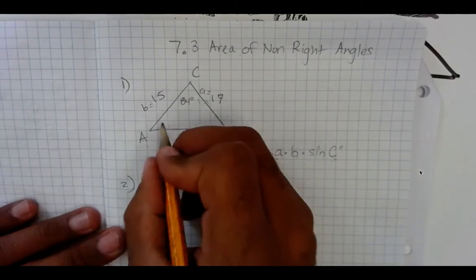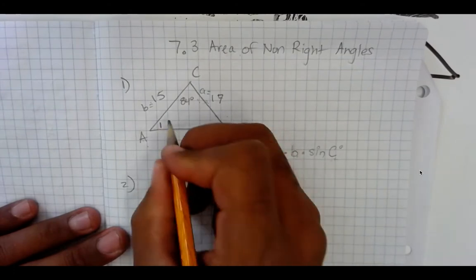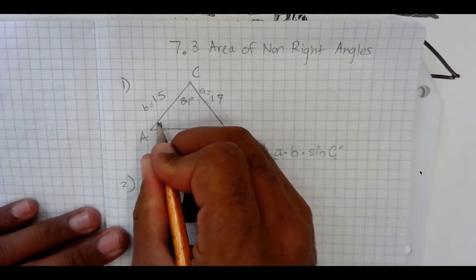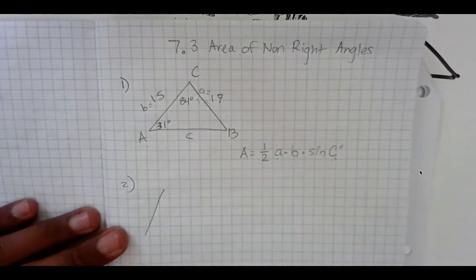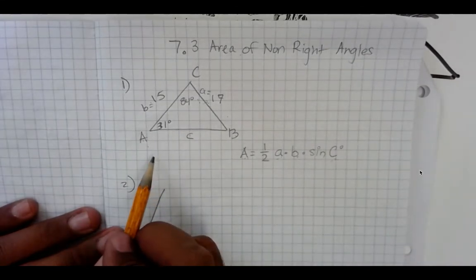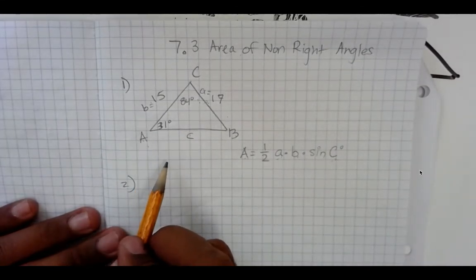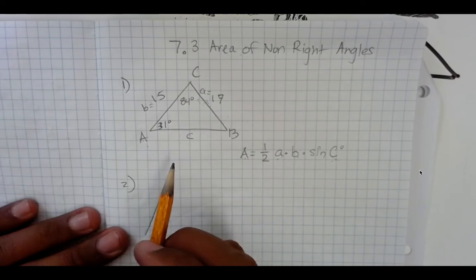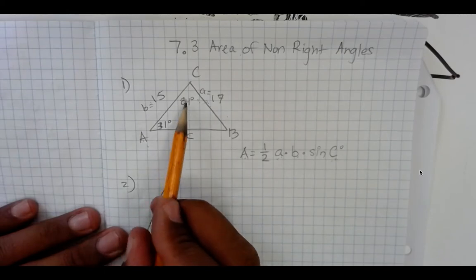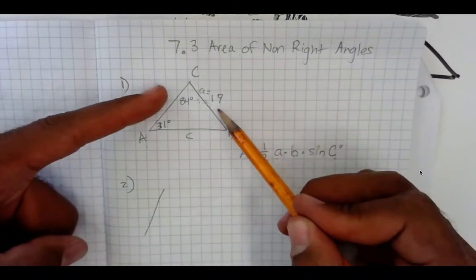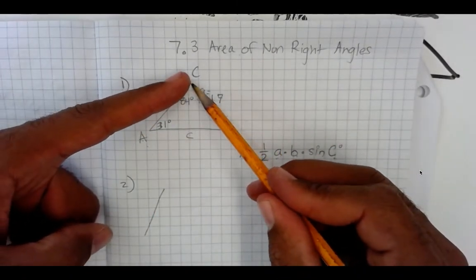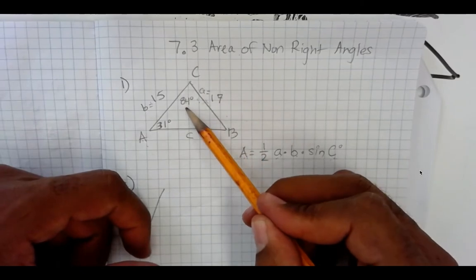If I added in an angle here, like 31, I don't use 31. It has to be the angle that's between the two sides. Notice how these two sides meet right here at C. So it has to be that angle.